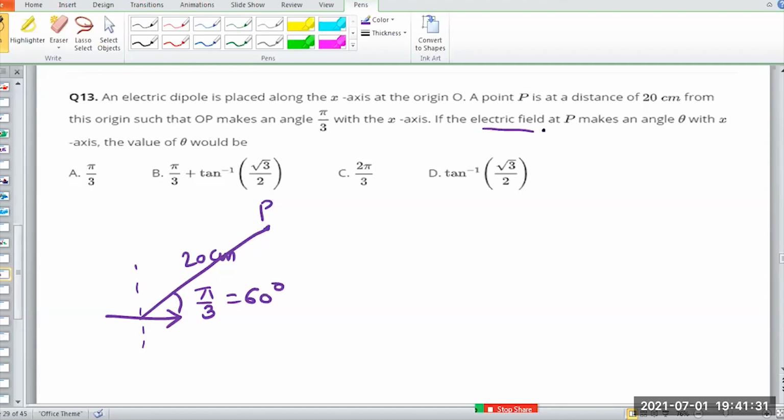If the electric field at P makes an angle theta with the x-axis, so my net electric field is supposedly making angle alpha. What is it saying?